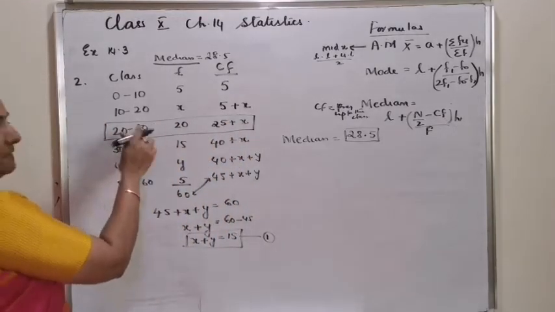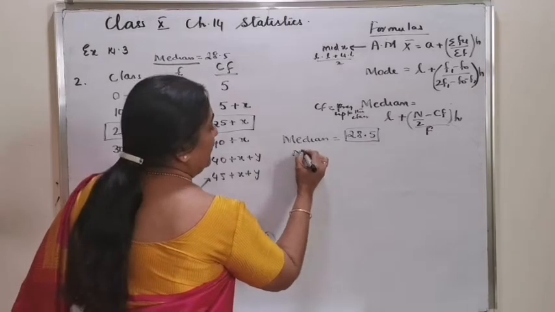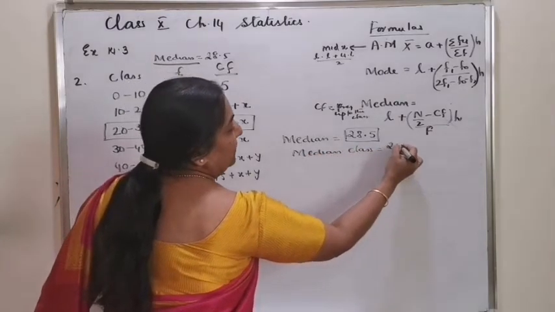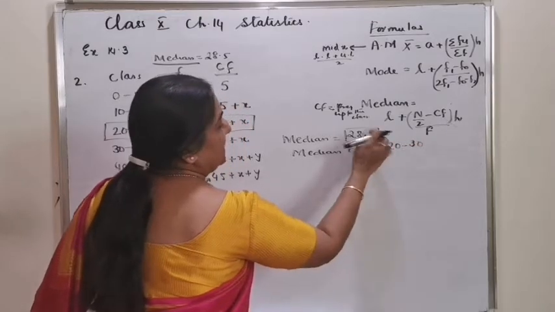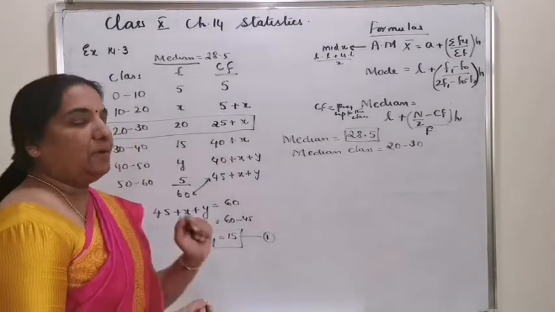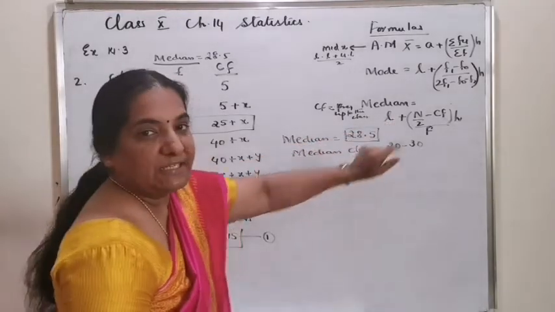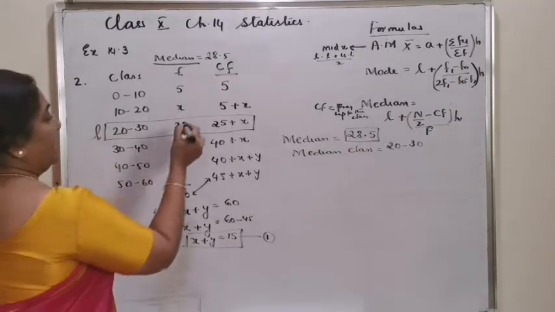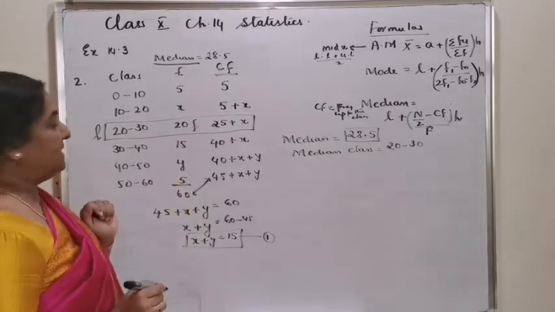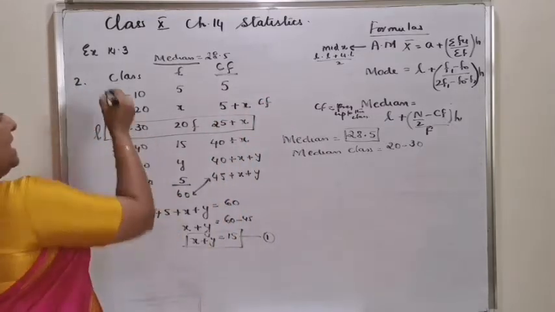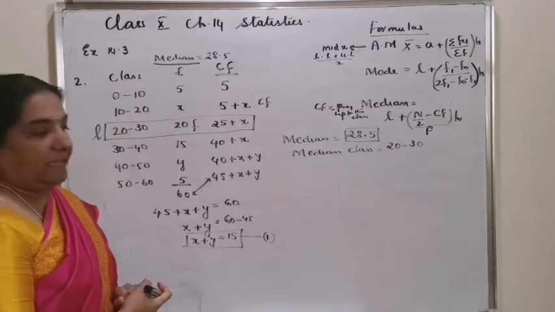So the median class is 20 to 30, because 28.5 lies between 20 and 30. Now you can select the letters: L is 20, frequency is 20, this 5 plus x is the cumulative frequency, and the class size is 10.